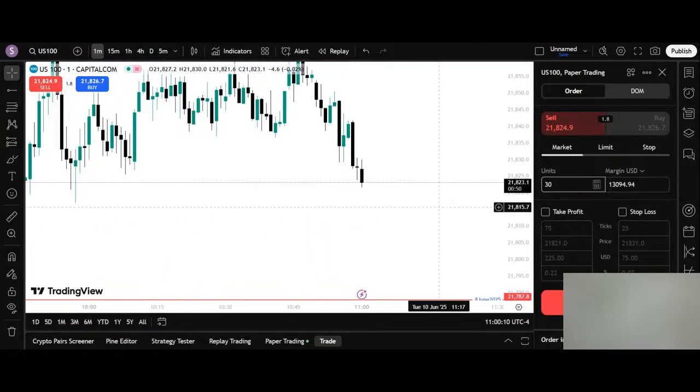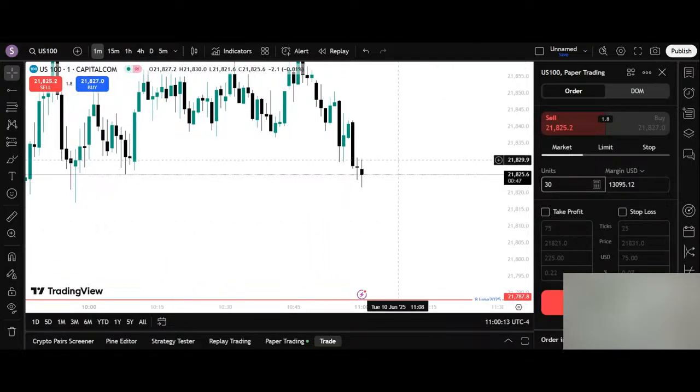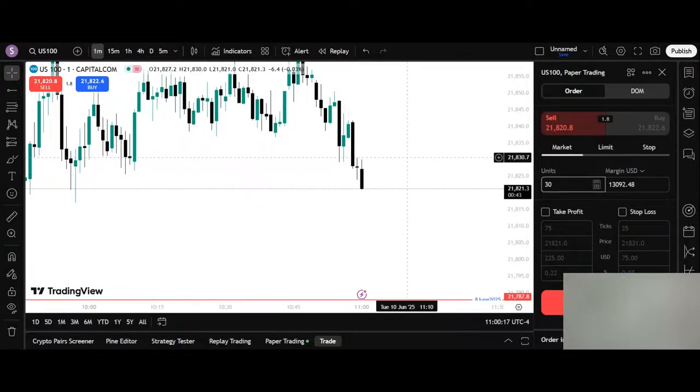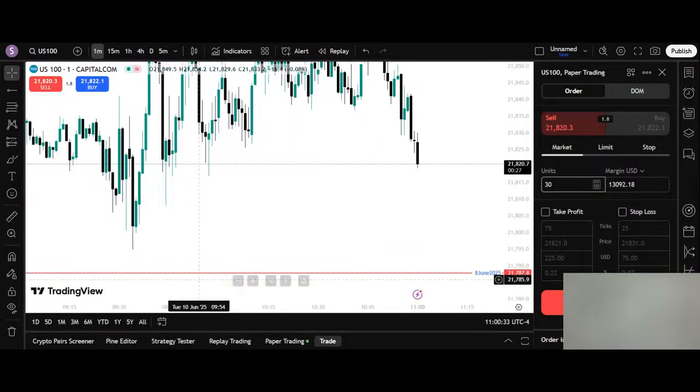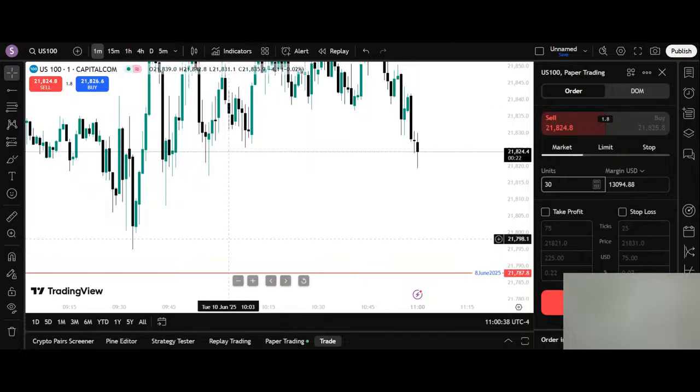So now I'm gonna be looking to sell at around 8:30. Now we just have to wait for it, and then we'll be targeting this low, 795. Or if you really want a big target, you can target the previous day low.